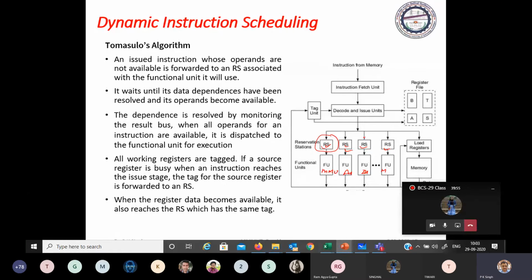When operand becomes available, it will assign the instruction to a function unit for execution, and execution will take place. So in this manner, the Tomasulo algorithm will do the allocation of instruction dynamically. Okay.